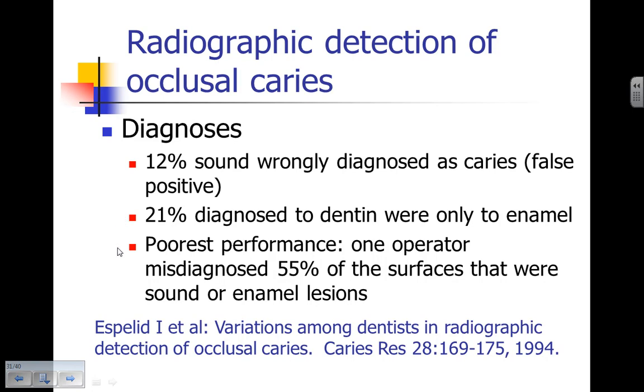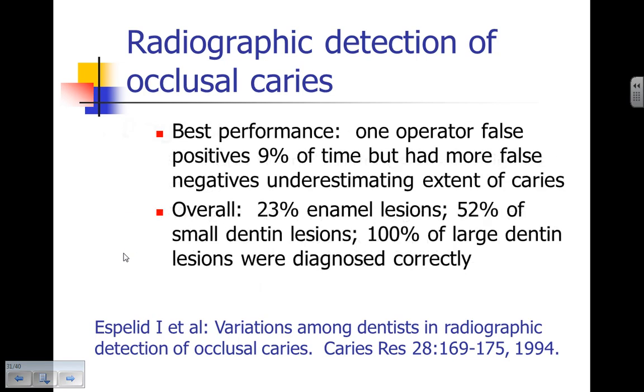One operator performed the poorest, and he misdiagnosed 55% of the surfaces that were sound or had enamel lesions. They were wrong 55% of the time with these radiographs. The best performance was one operator who had false positives only 9% of the time, but he had more false negatives, where he underestimated the extent of the caries.